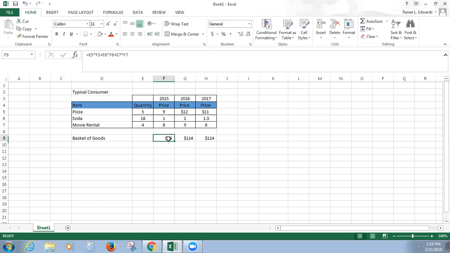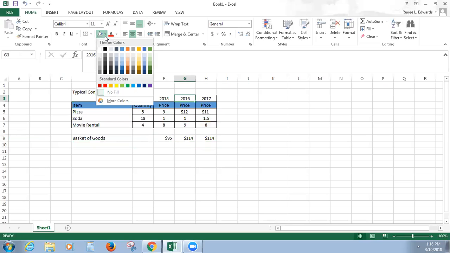This basket of goods, in order to do an index, you have to pick a base year. So let's say we're going to pick the base year to be, I like to use the middle one because I want to make a point here. The base year can be anything, right? It can be the first year, the second year, or the third year. Right? So for us, let's see if they're going to figure out if there was any rate of inflation between year 1 and year 2.